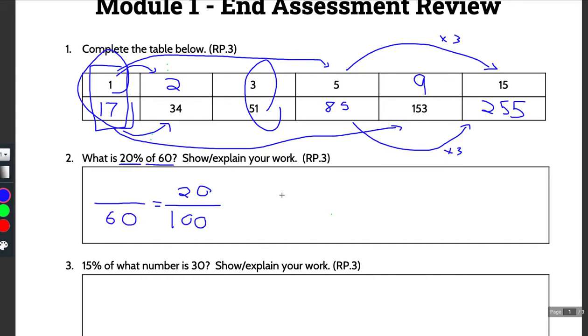Then you have to think of how to solve this. One way is to just look for an easy pattern, and I'm noticing that an easy pattern is 20 is 100 divided by 5. So I could just do 60 divided by 5 in my head. 60 divided by 5 is 12.